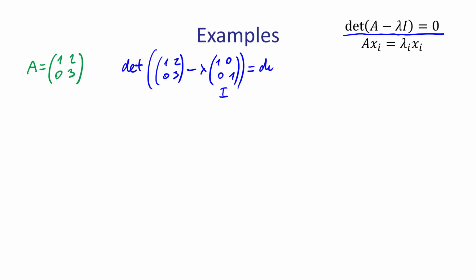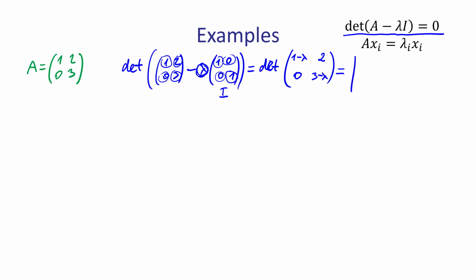So let's simplify. The first element minus lambda multiplied by the first element here will be 1 minus lambda. Second element minus lambda multiplied by 0 will be just 2 here. 0 minus lambda multiplied by 0 will be 0. And 3 minus lambda multiplied by 1 will be 3 minus lambda.